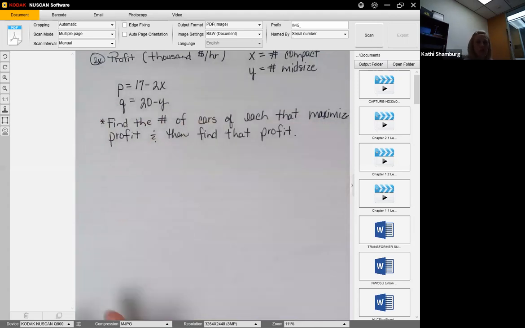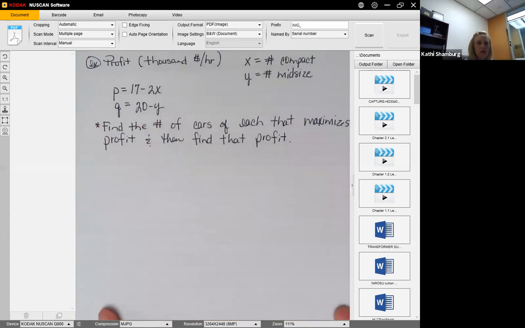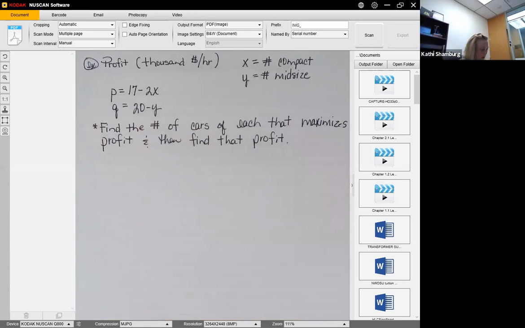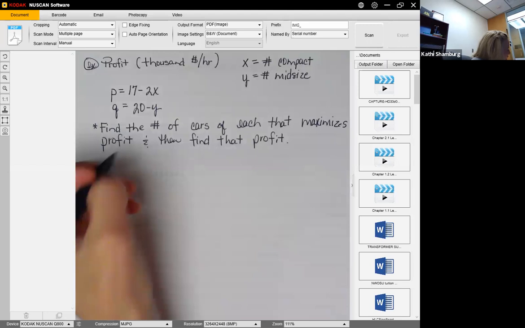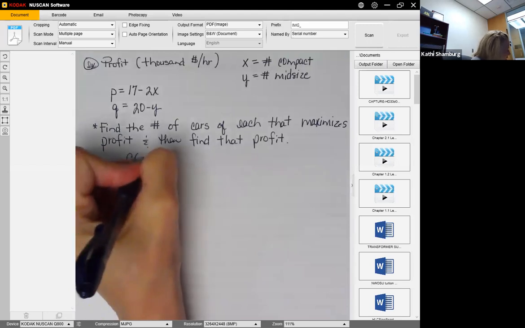Now, in order to do this, to maximize profit, if you recall, profit is revenue minus cost. What you bring in minus cost. So that means that we would need to be given the cost function as well.